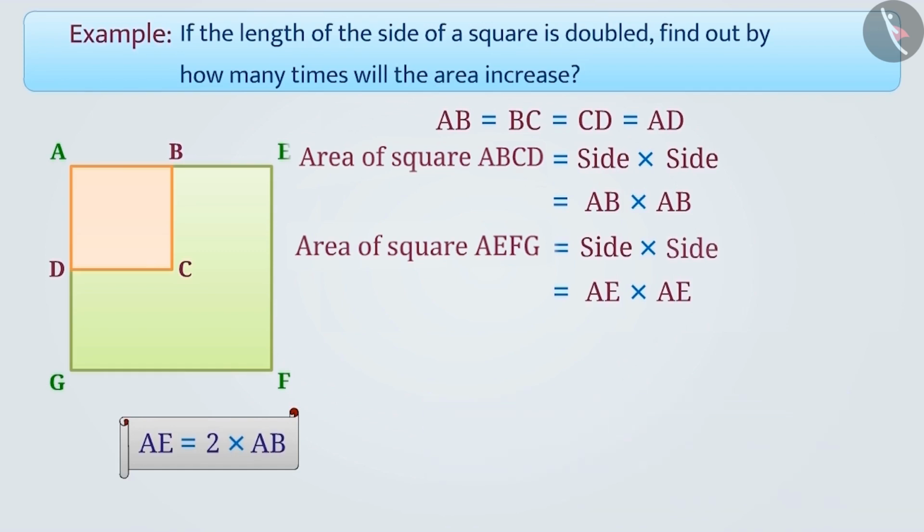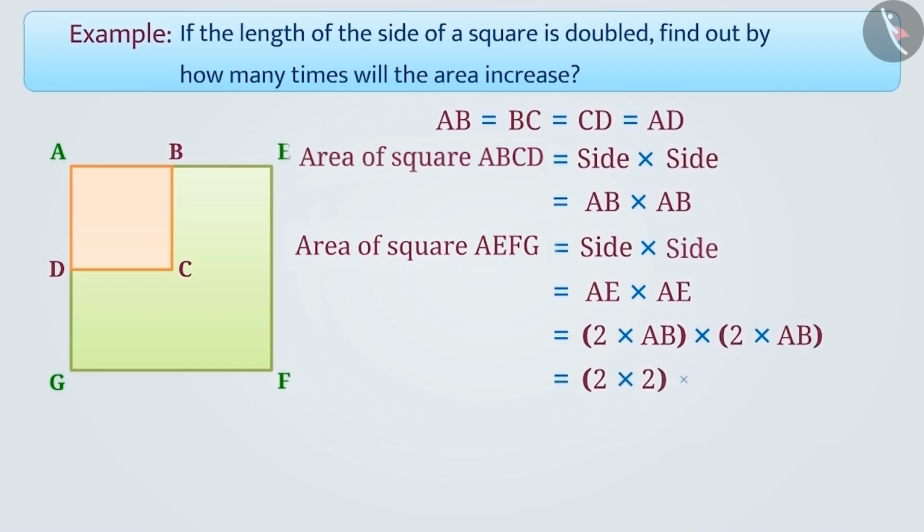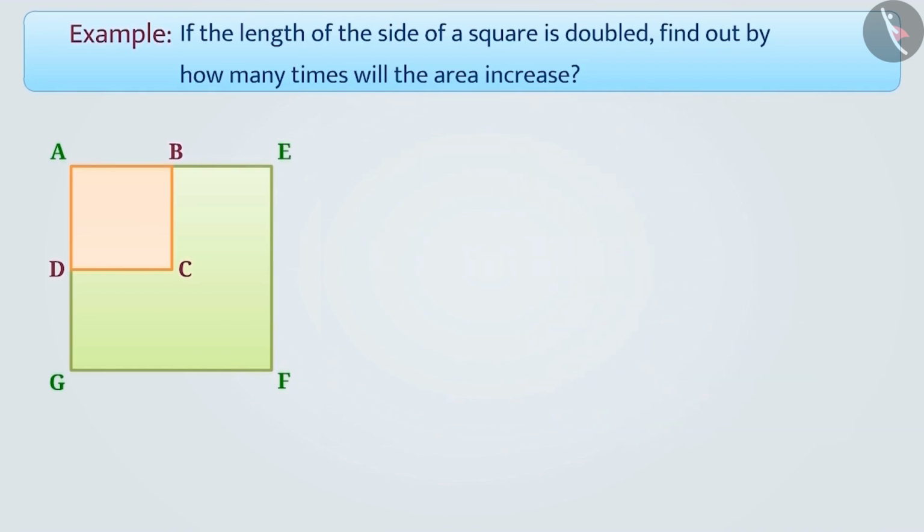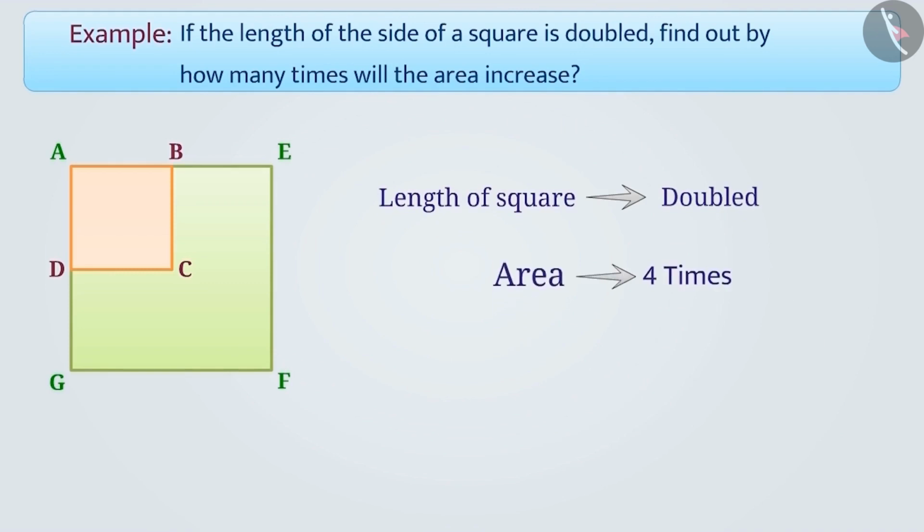In this way, we can say that area of square AEFG is equal to 2 multiplied by AB multiplied by 2 multiplied by AB is equal to 2 multiplied by 2 multiplied by AB multiplied by AB is equal to 4 multiplied by area of square ABCD. That is, when the length of the square is doubled, its area increases by 4 times. This is the answer to the given question.